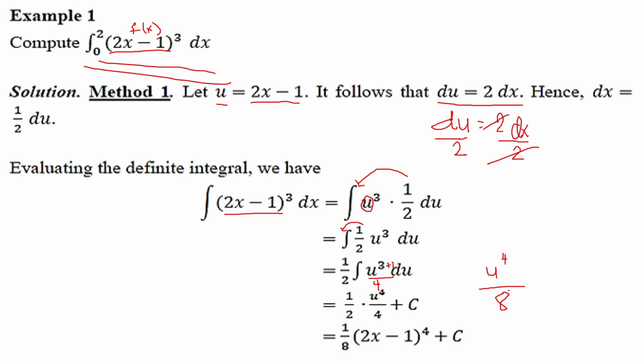So, if we will just substitute the value of our u, it will be (2x minus 1) to the 4th power over 8 plus c.